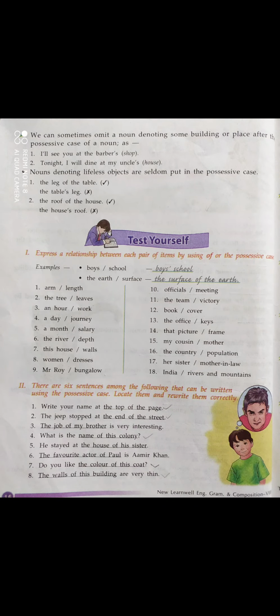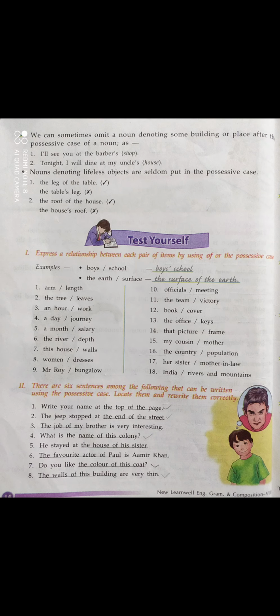He stayed at the house of his sister, so it is wrong. Sister is a living person, so it's better to say he stayed at his sister's house. So we can use the possessive case here, because sister is a living person.